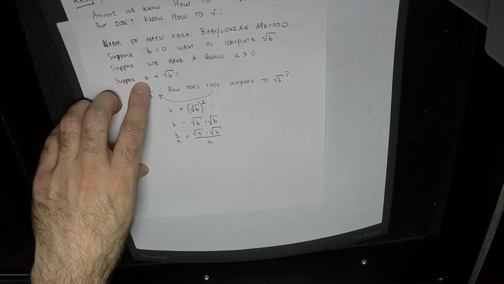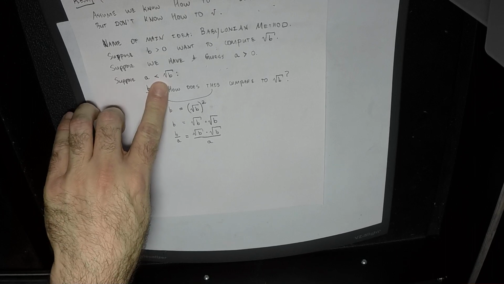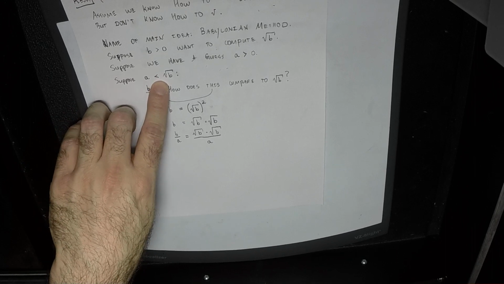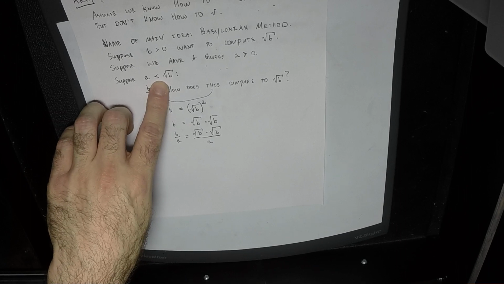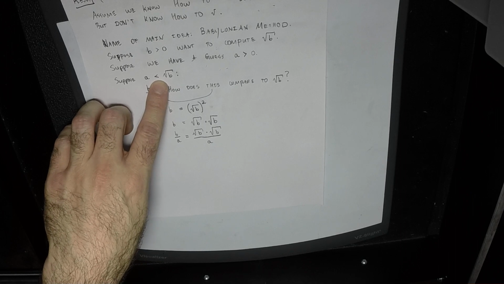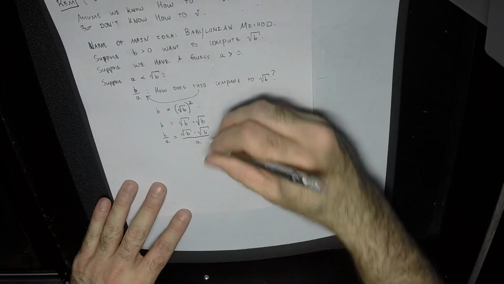Because this is the case, we can also say what? It's greater than if you replace the A with the square root of B. So we could write it like this.